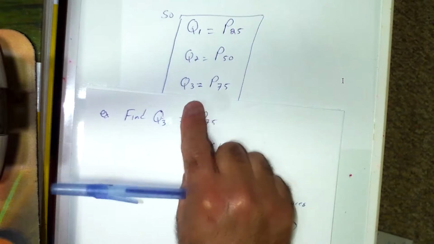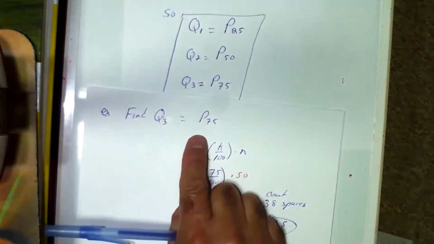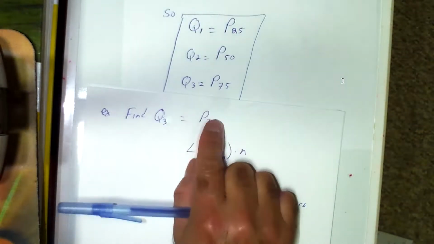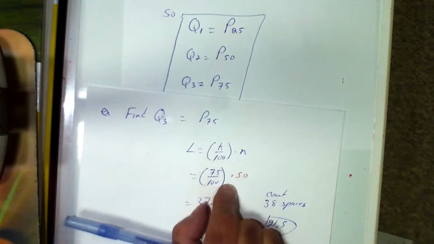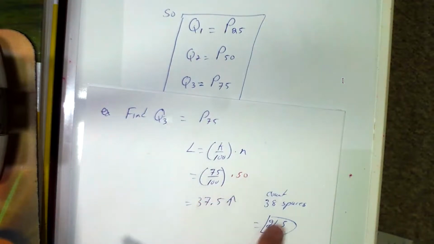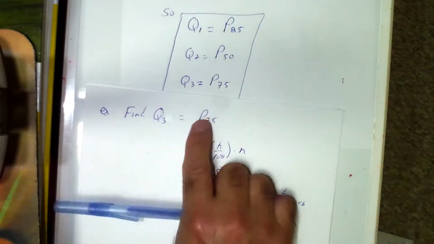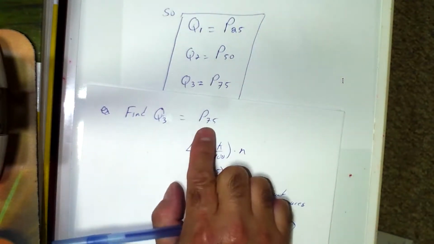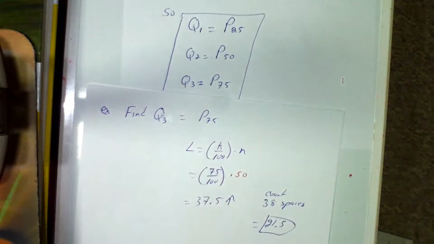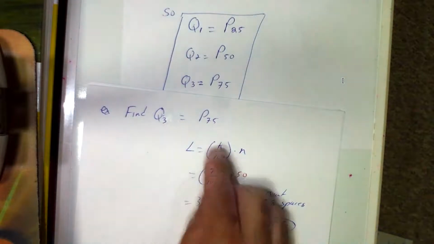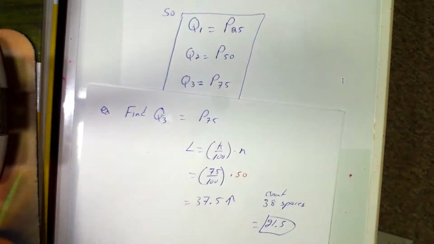If I want to do Q2, then I would do 50 over 100 times 50. You're going to get a decimal, and you have to bump it up. So that was Q3, not Q2. You just change it to a percentile and do what we did before. Use the flow chart or use my notes. You're good.